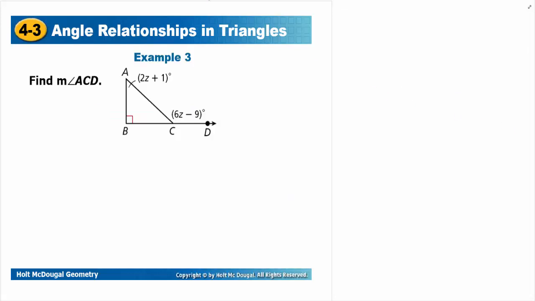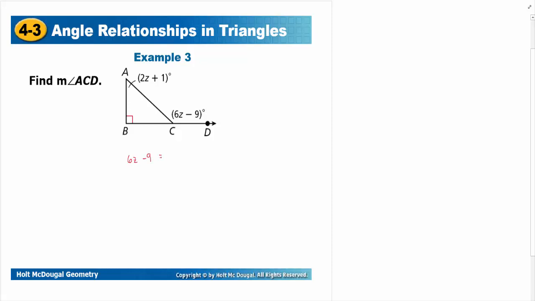Alright, so let's use it. Might as well use this thing that we just learned, right? So example 3 here, we're going to find the measure of ACD. Now you notice ACD is an exterior angle. It's adjacent to ACB. But again, remember, this is my exterior, it's 6z minus 9.